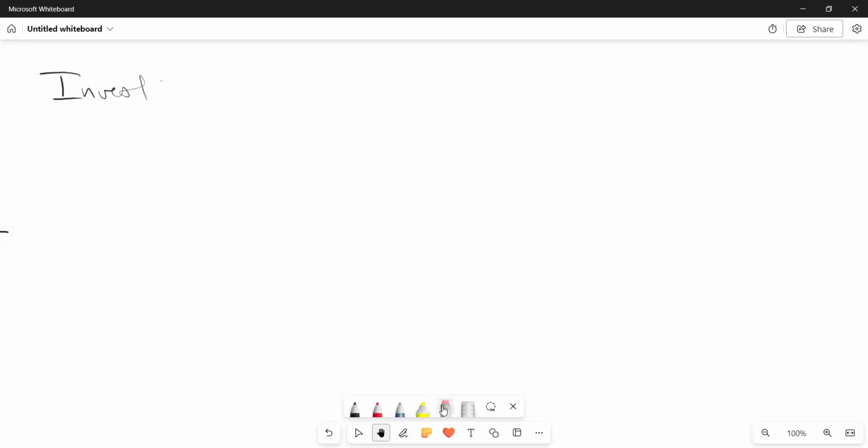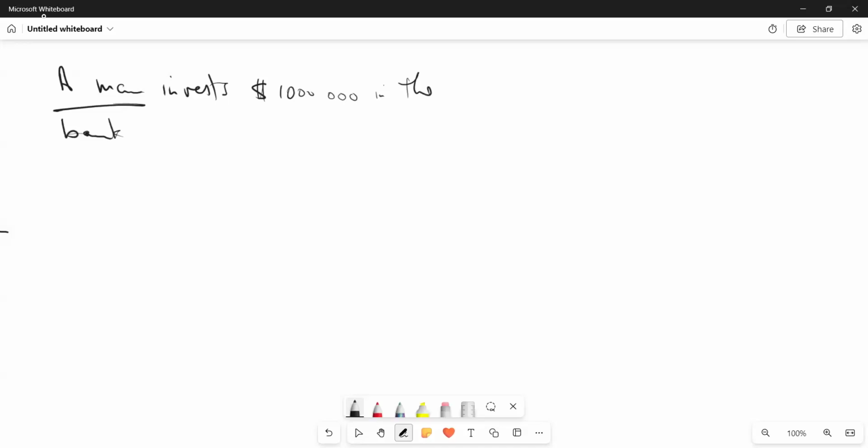Let me phrase this like a question: a man invests, I should put invests because this is singular, $1 million in the bank for 1 year at, let's just say, 2% compound interest. Full stop, right?